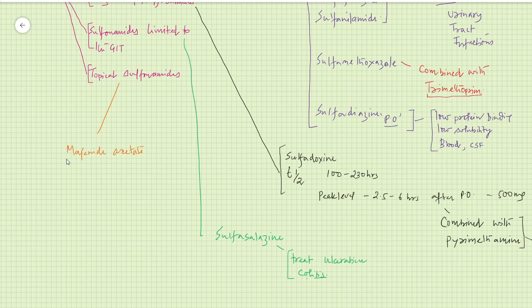So this drug was used initially, but this drug had a problem. It had carbonic anhydrase activity, and that could lead to systemic acidosis.